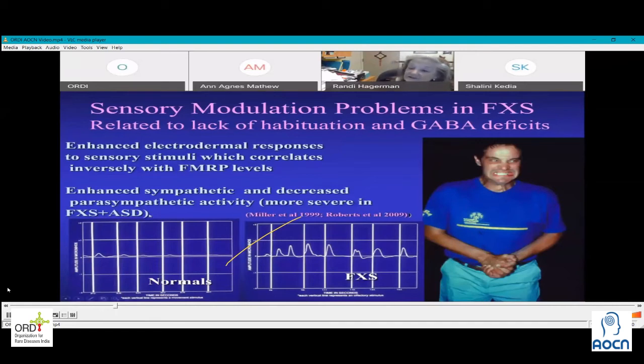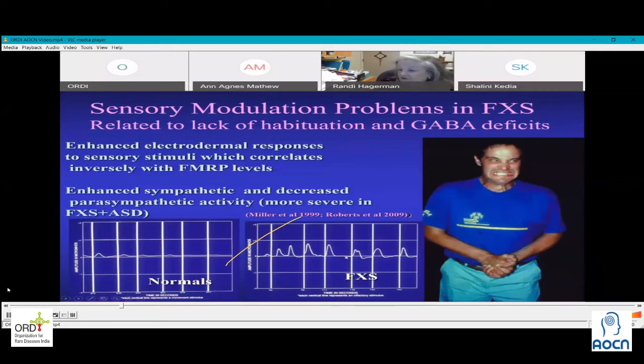So this interferes with habituation to sensory stimuli, and this can be measured by looking at the sweat response to environmental stimuli. Here on the left is a normal individual, and these bumps here demonstrate the sweat response to repetitive stimuli by these vertical lines.